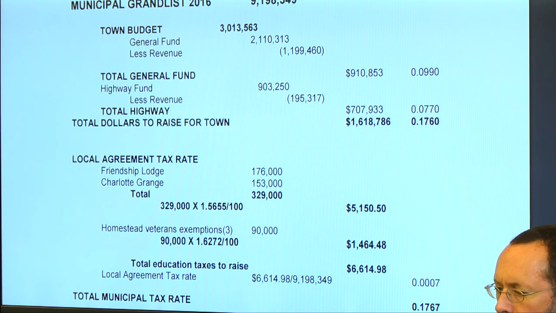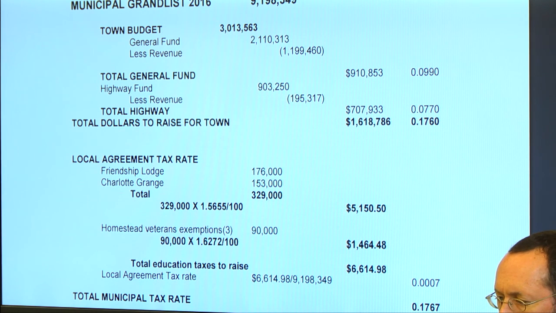Likewise with the homestead veterans exemptions, the state allows for a $10,000 exemption, and the town voted to give a $40,000 exemption for veterans. So that extra $30,000 per parcel has to be raised in education taxes for those pieces.